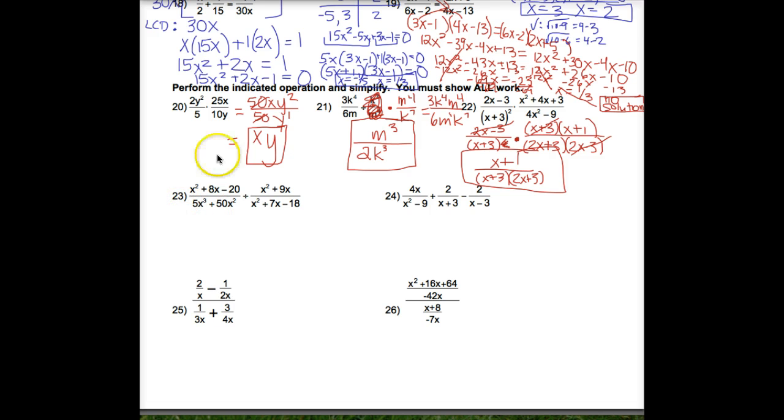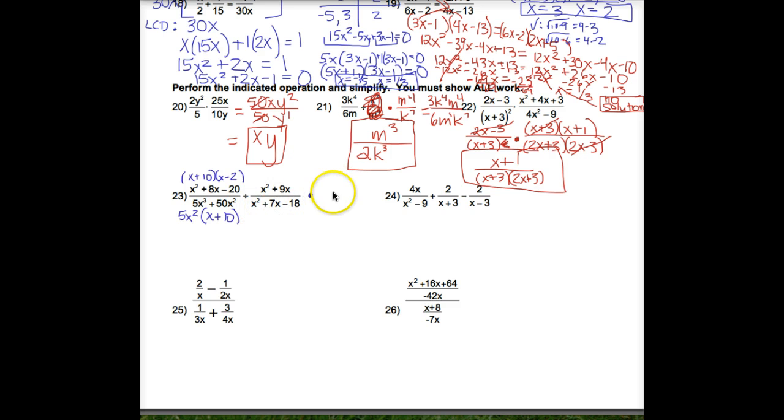23, same thing. I need to factor this first. So this first one factors into x plus 10 times x minus 2. On the bottom, there's a GCF of 5x squared, which leaves me with x plus 10. This is division. So when I factor it, I'm going to go ahead and flip it as well.